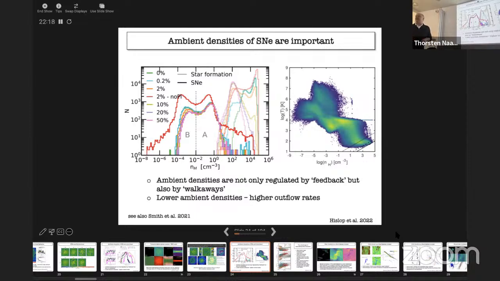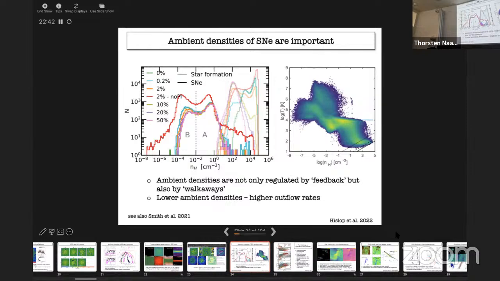You cannot go to high resolution and use the subgrid models the cosmological galaxy people use. It's all wrong. You have to think about something different. And I thought, okay, come on. But in the end, this person was right. Maybe, let's see. Okay, so here's a little fun experiment.